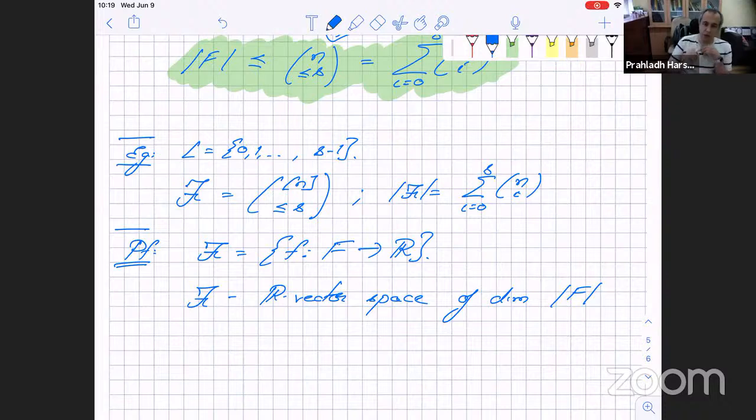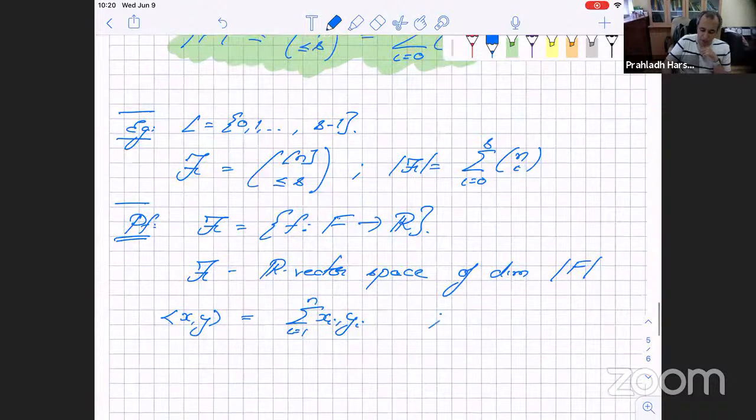For this, we are going to crucially use a fact. Let's recall the usual dot product of vectors, summation x_i y_i, i going from 1 to n, where x and y are in R^n.